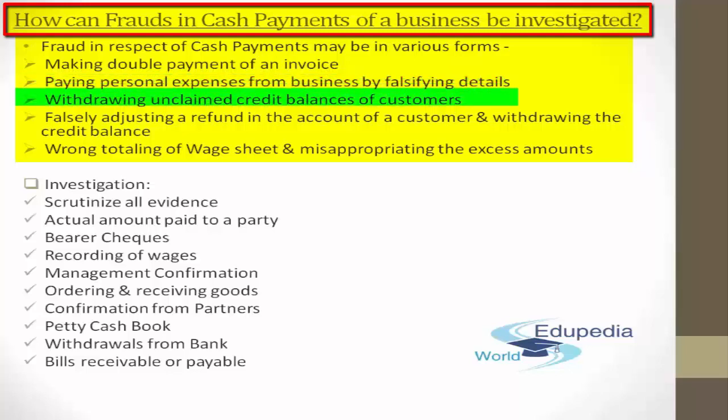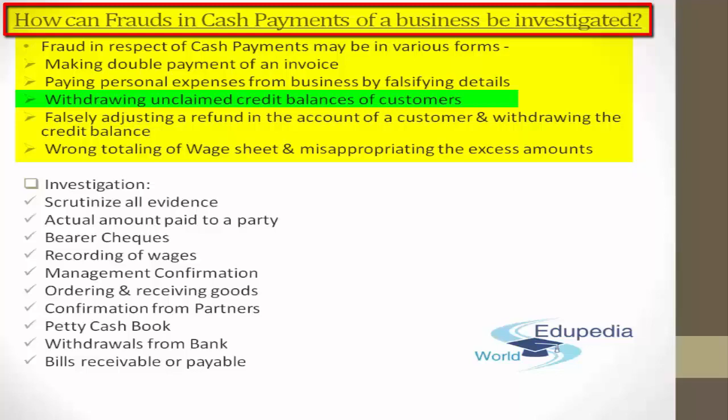Then, withdrawing the unclaimed credit balances of the customers. Supposedly, you were liable to pay your suppliers, but that supplier didn't turn up. Maybe there was a shortfall in his business, or the business was ramped down, and he or she never came back to obtain the money.